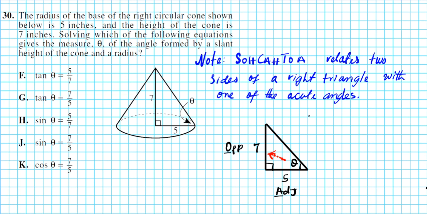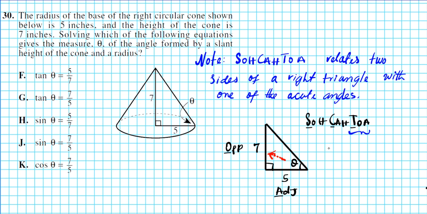Now, if you take a look at SOHCAHTOA, you ask yourself which trig ratio, sine, cosine, or tangent, has O and A in it. We can clearly see that the answer is tan, TOA. Okay? So what does TOA tell us?